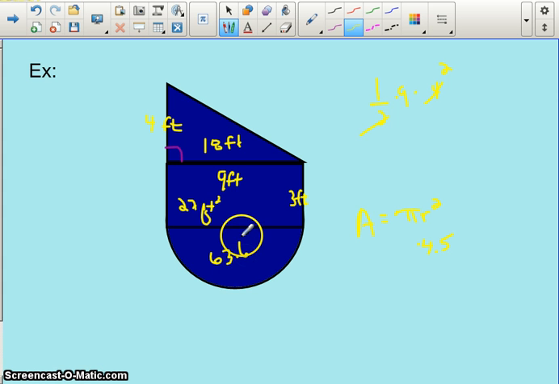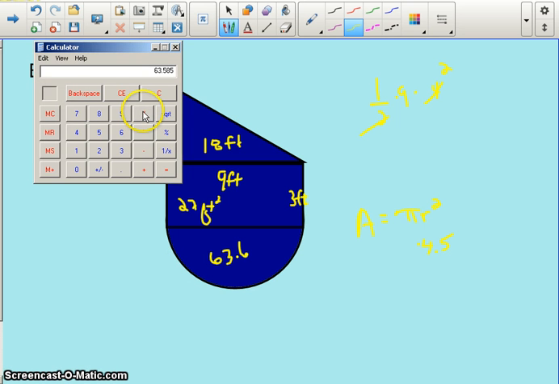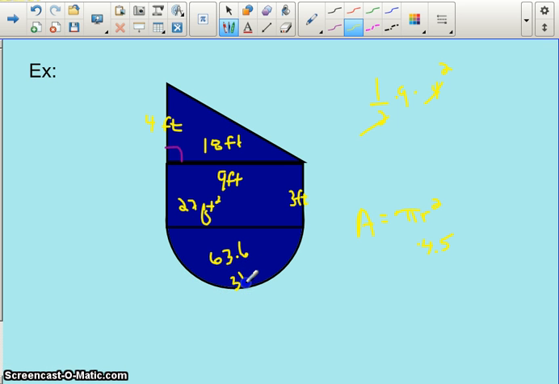And that would be if it was a full circle, so we have to take half of that. Let's take that answer and divide it by 2. And that's going to be 31.8 feet squared.